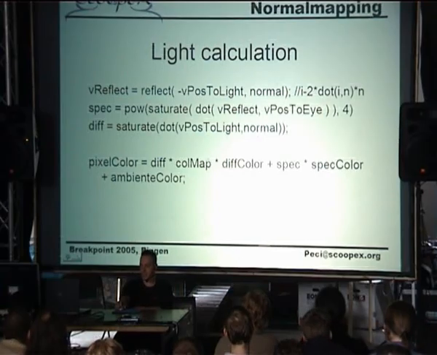Then you put that together, multiplying with the color of the texture map, the color of the light, and the specularity color, and at the end you add the ambient color. So this formula stays the same. The only thing different when using normal mapping is you don't take the normal from the object, you look it up from a map.